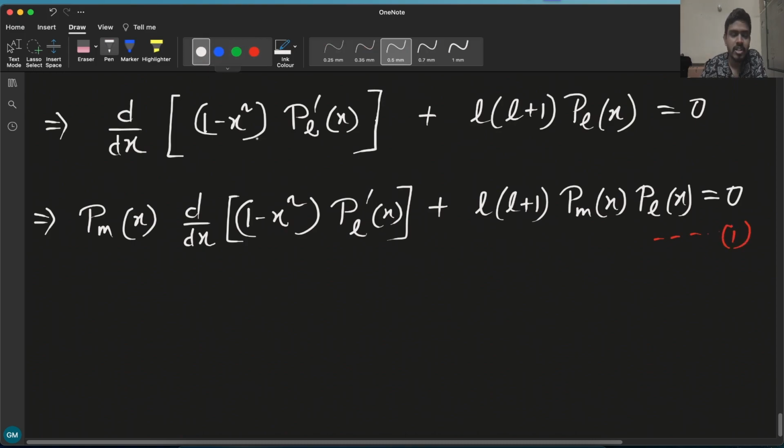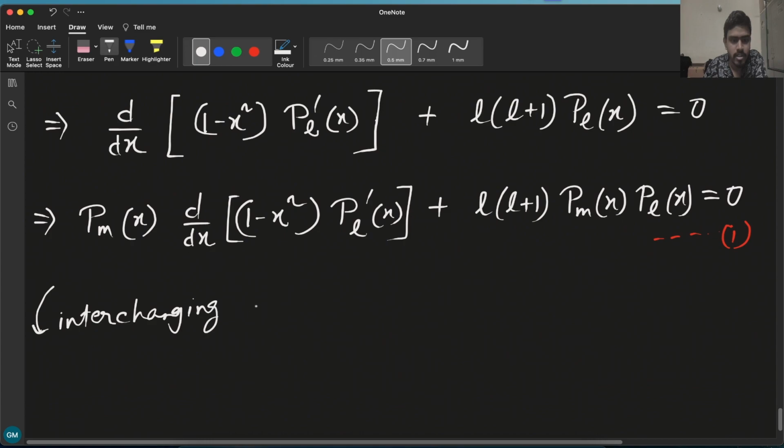Now I will interchange P_l and P_m. That I can do because l and m are just arbitrary indexes.